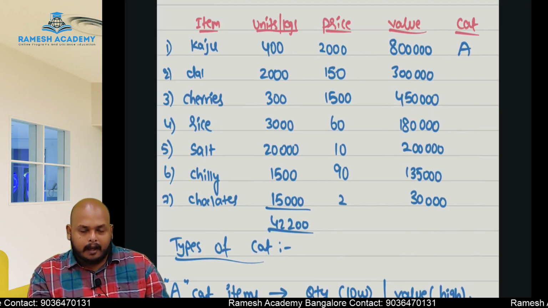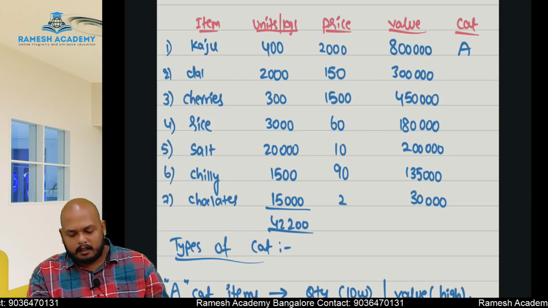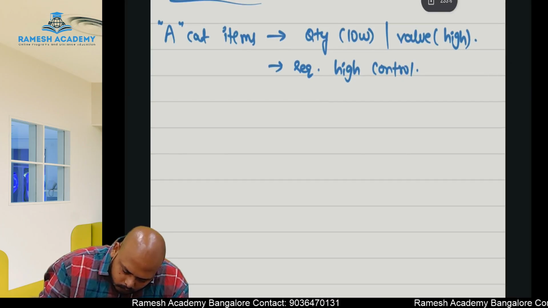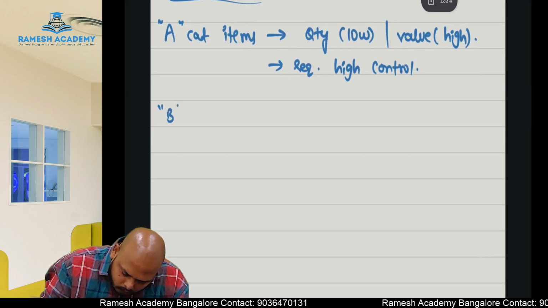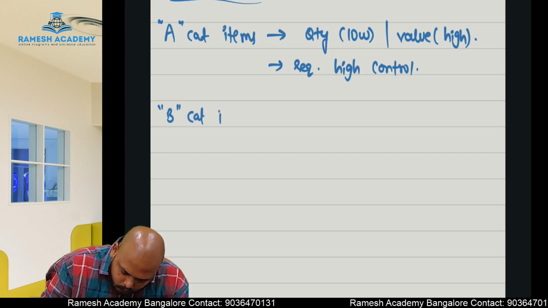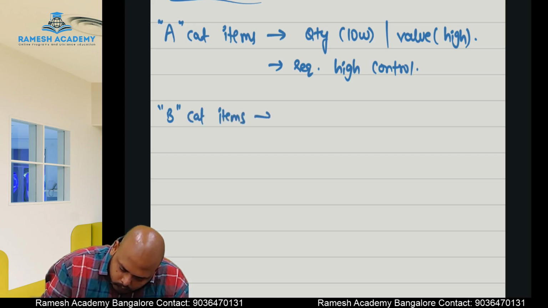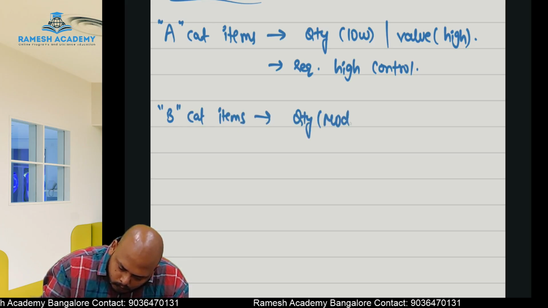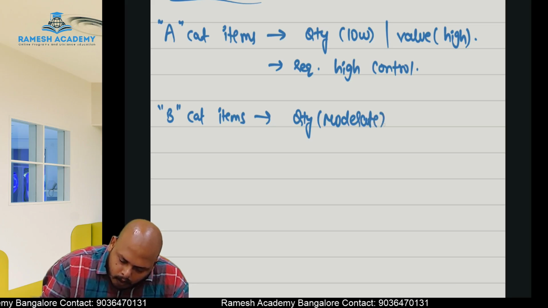Okay. Dal, you can see. Next one is B category. Quantity will be moderate.